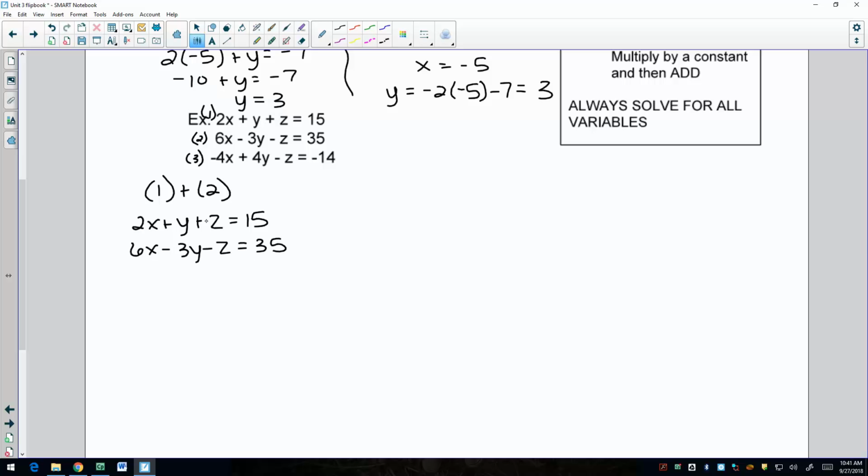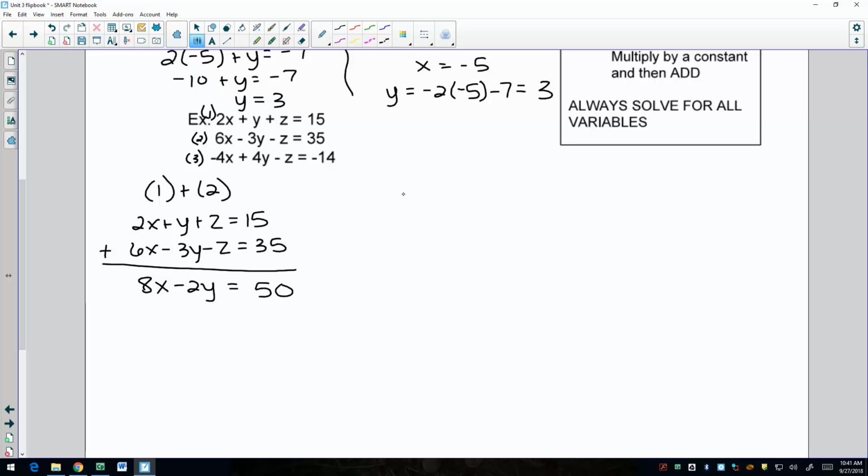Be careful, my z's sometimes end up looking like 2's. Now, if I add them together right away, the z's are going to cancel out. So I don't have to multiply anything by any number, because these are going to go away right away. But the x's and y's don't, which is good. I get 8x minus 2y equals 50. So now I have an equation with only x and y in it.